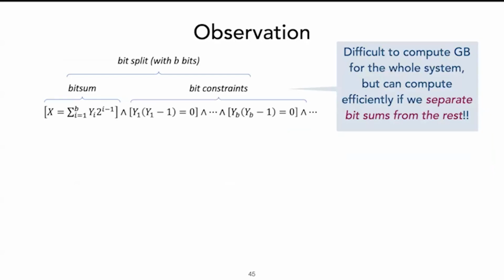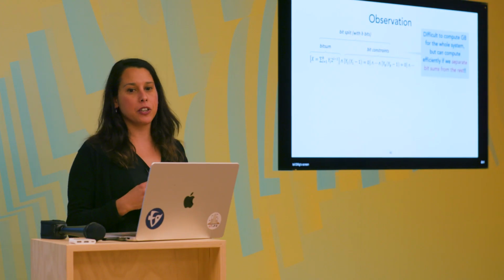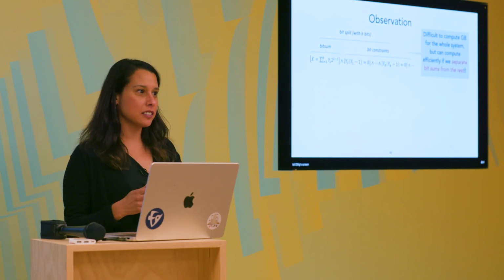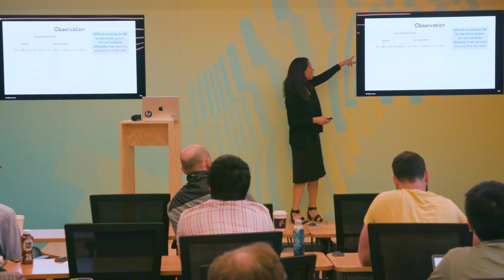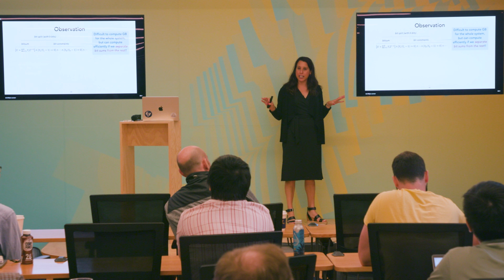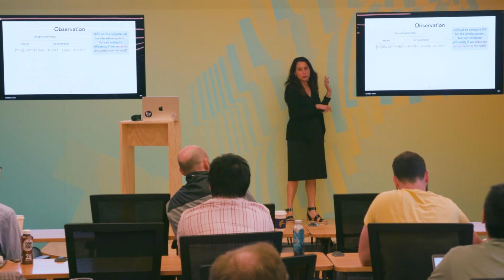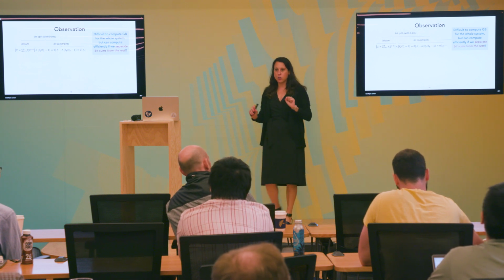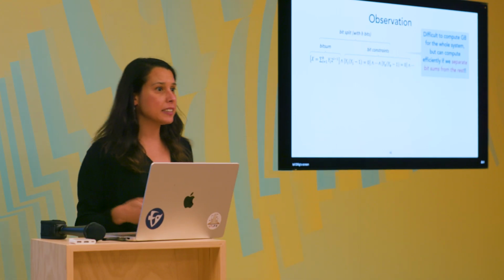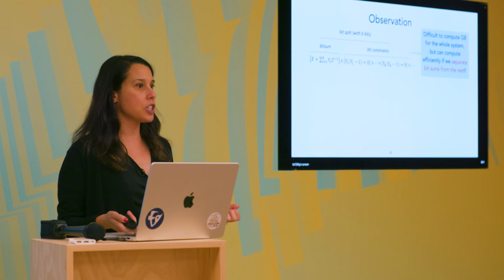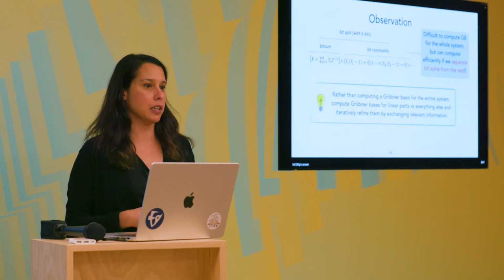It turns out that if I give you the entire constraint system, it is difficult to compute a full Grobner basis for the whole system. But you can compute it efficiently if you separate some parts of the constraints from the others. In particular, if you isolate these bit sums, along with the linear stuff, versus all the other nonlinear stuff, then computing a Grobner basis for each of those in isolation turns out to be very practical.